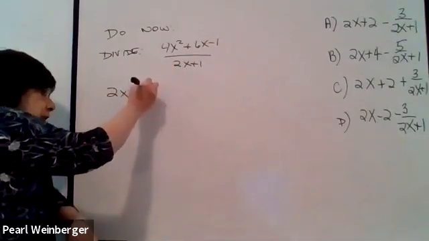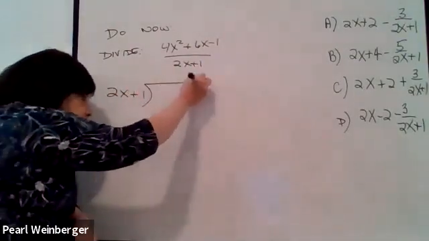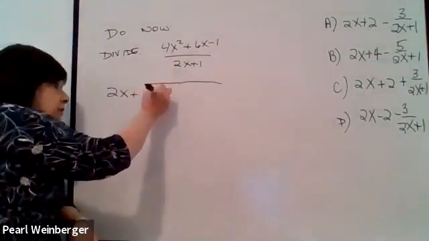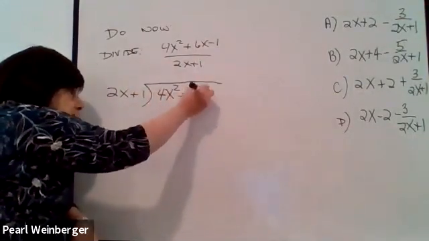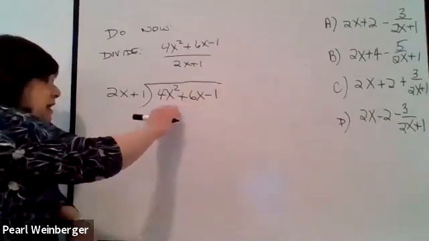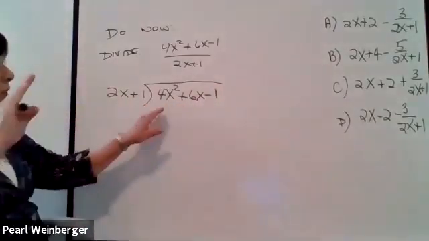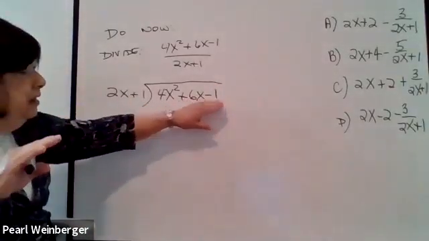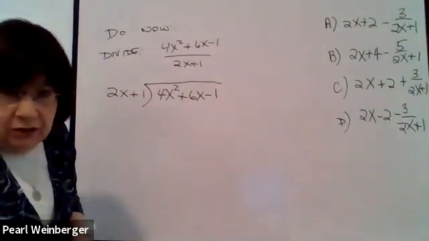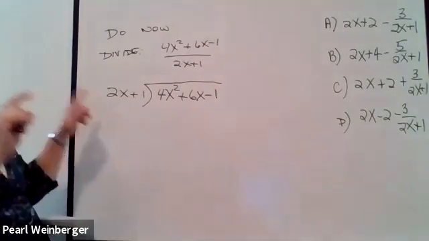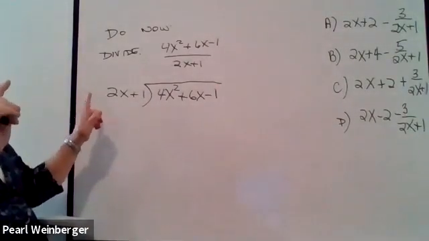I put the 2x plus 1 on the outside and the 4x squared plus 6x minus 1 on the inside. Now, as I wrote it, I was very careful to check that it was in descending order and that nothing is missing.